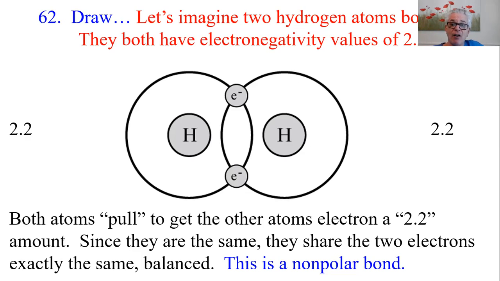It's a perfect share. I'm negative and positive, you're negative and positive, the same amount. So this becomes what's called a nonpolar bond. And electronegativity, every atom has an electronegativity value. We can compare them. And if it's a difference, that means it's not being shared nicely. And if it's no difference, that means it is shared nicely. In this case, H2, the difference in electronegativity values is 0. This bond is balanced, so this bond is said to be nonpolar.